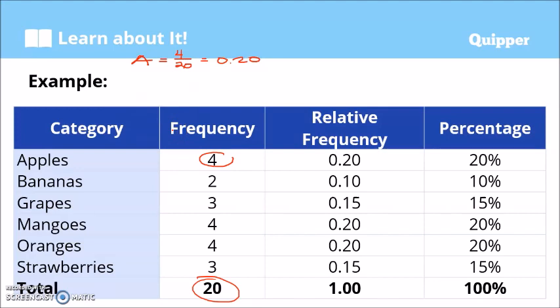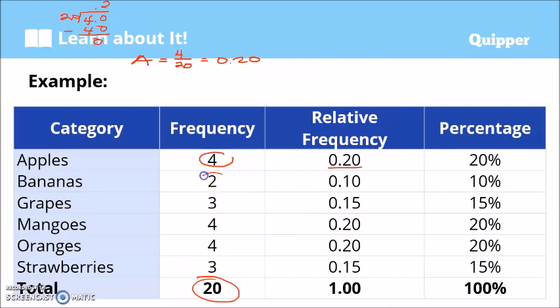Pareho lang yan sila, ha? Okay, kung hindi nyo pa alam kung paano mag-divide, 4 divided by 20. Of course, you add decimal, that becomes 40. Okay, so 40 divided by 20, that's 2. 2 times 20, that's 40. And minus, that's 0. So 0.2 or 0.20. Kaya we have 0.20 here.